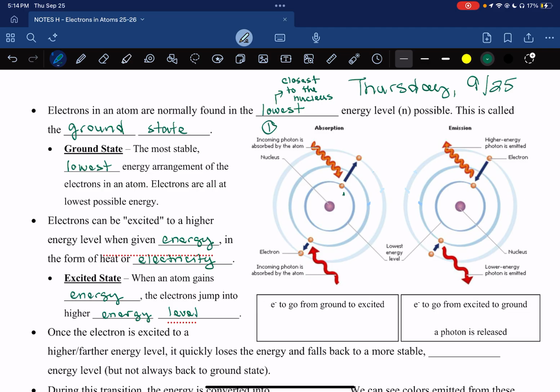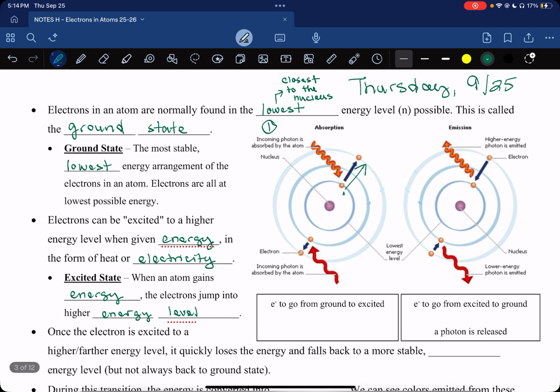The electron absorbs the energy from the photon and jumps up into this outer energy level. The same thing is happening down here, except the electron is in the second to lowest level, but it's got more energy, so it's jumping out into a higher energy level.